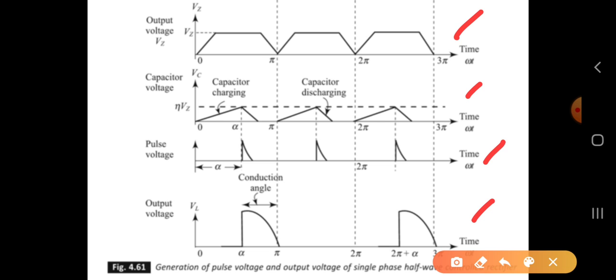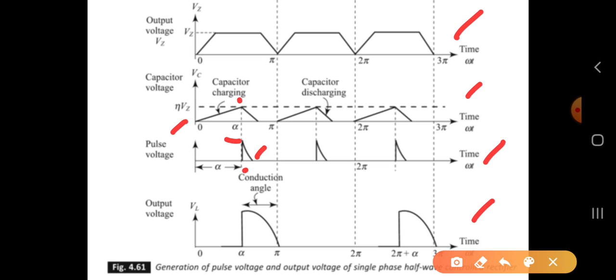Now at the time the voltage is applied to the UJT, the capacitor is charging. The charging time period of the capacitor is shown from 0 up to some point. As soon as it reaches the peak voltage of the UJT, the UJT starts conducting, which means the trigger is going to be generated. So now you can see alpha is the angle at which you have made your SCR turn on by generating a pulse.